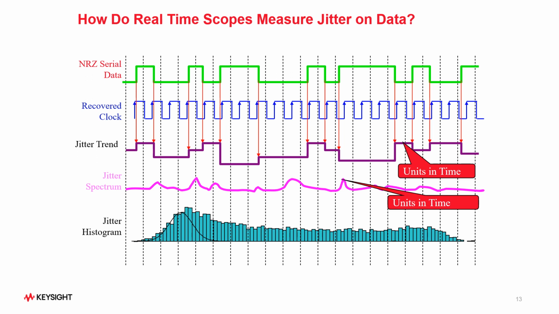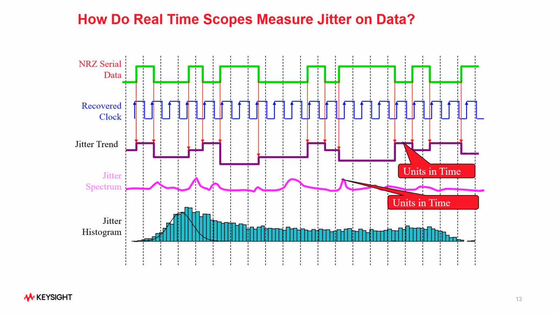The spectrum of the jitter is determined by performing the FFT on the jitter trend data and then plotting the results as timing error on the vertical axis versus frequency on the horizontal axis. That is the time error versus frequency. The spectrum view can be very useful for identifying deterministic jitter components as well as the uncorrelated period jitter.